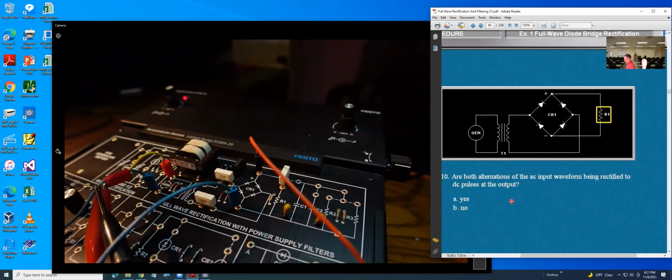Okay, so thank you. Now you have to say whether both alternations of the AC input waveform are being rectified to the DC portion at the output.